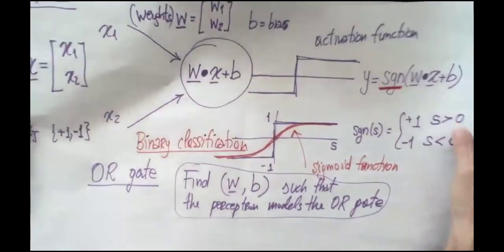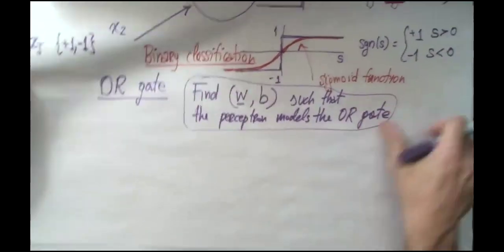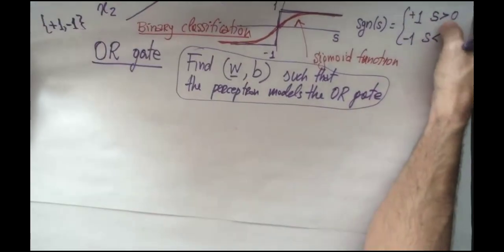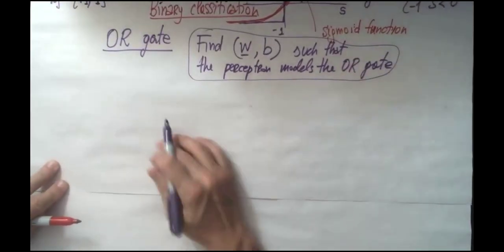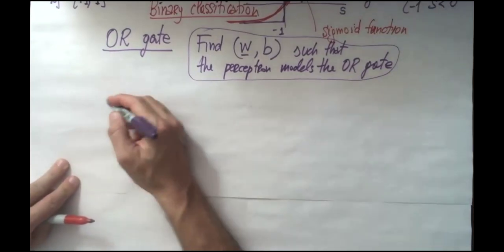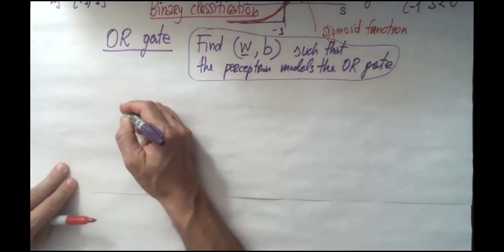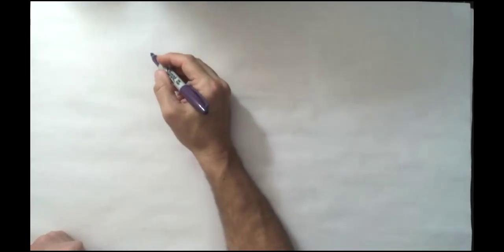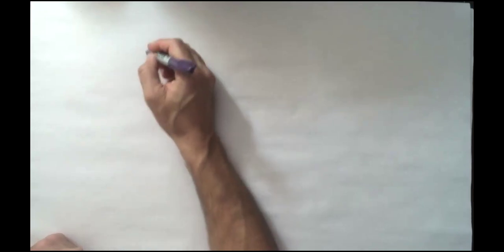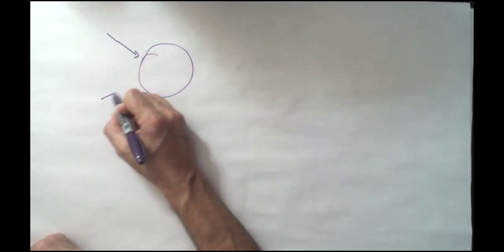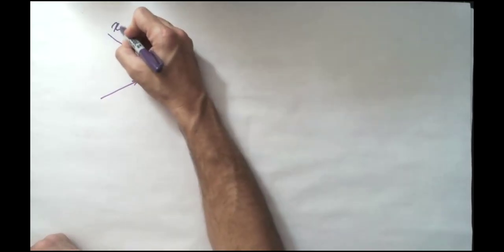And in order to do that, we have seen that, actually, I'm going to start a new page. So this is the model. I'm just going to focus on two inputs.